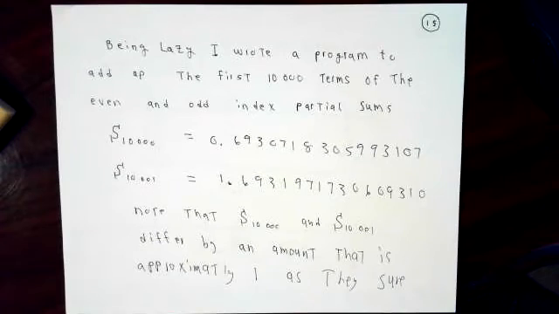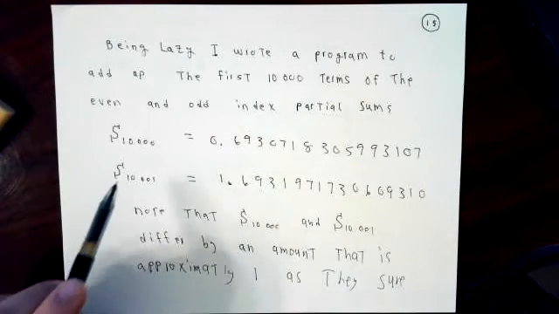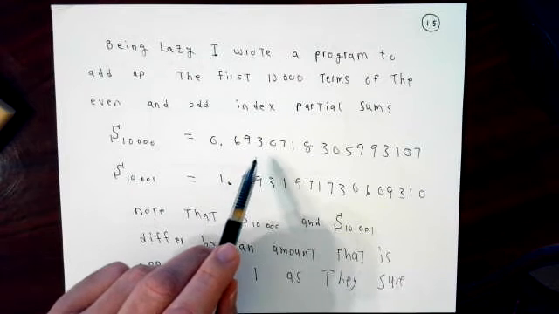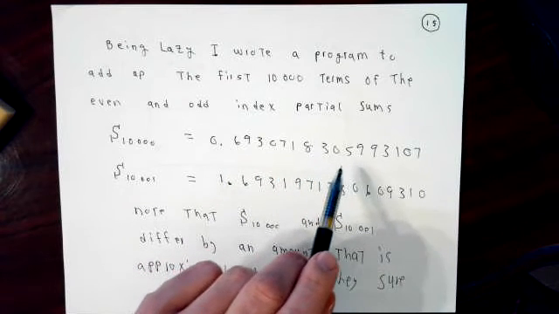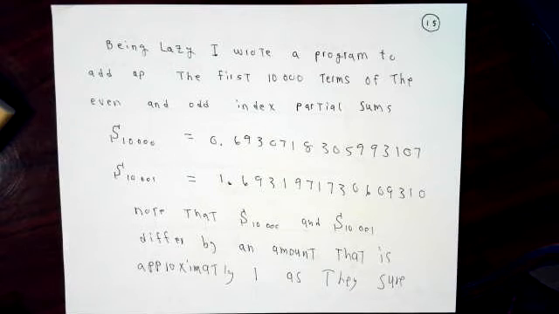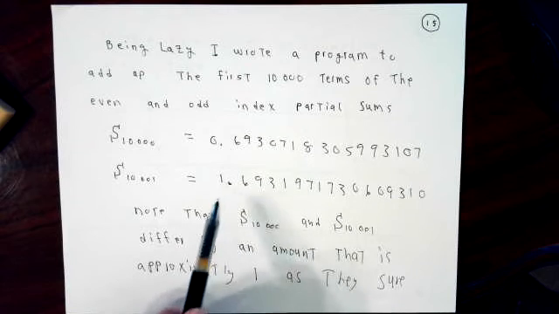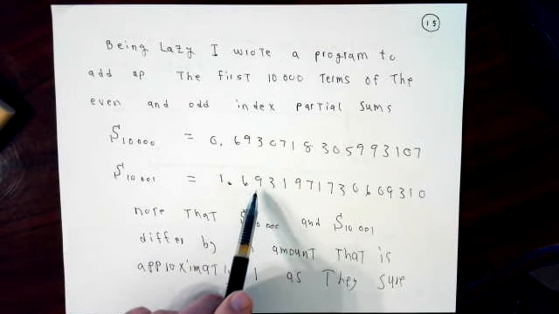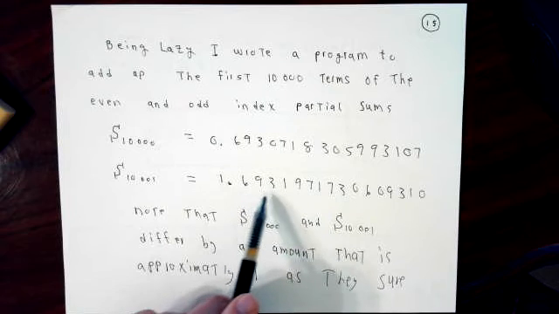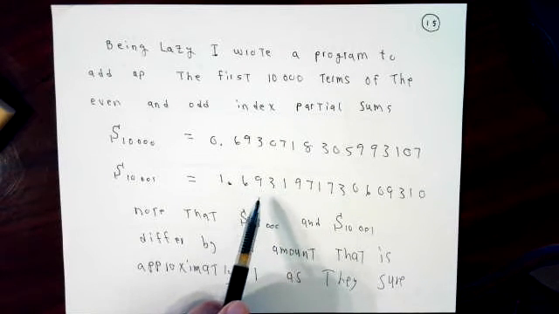So S number 10,000 is 0.693071830599310 using double precision arithmetic. S number 10,001 works out to be 1.693197. The 6, 9, and 3 are the same thing.